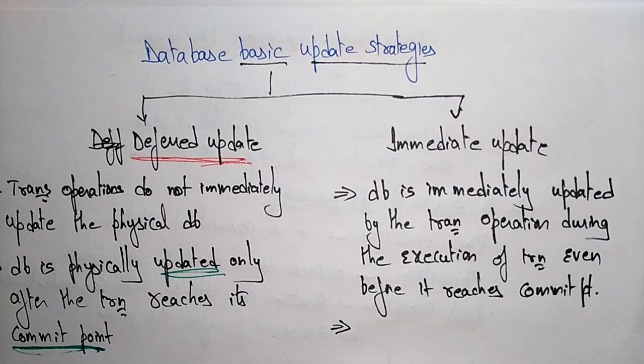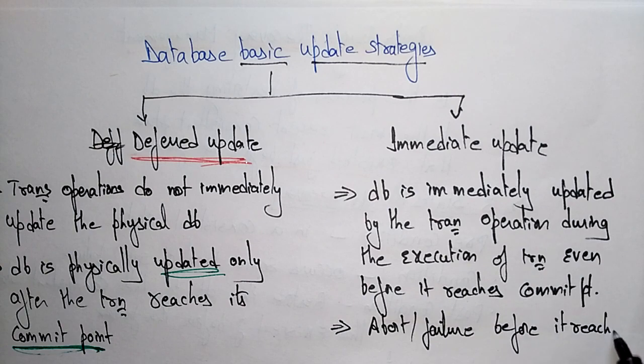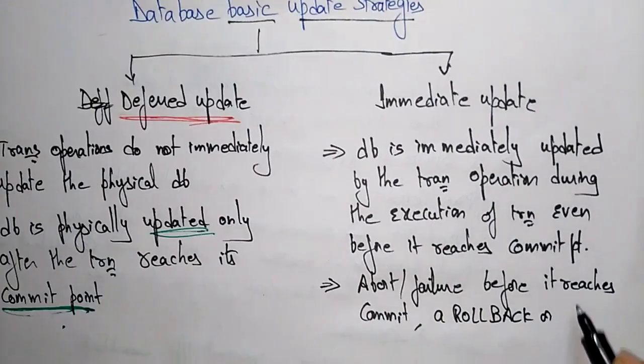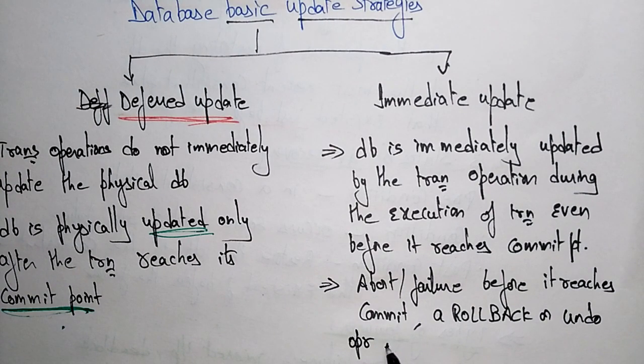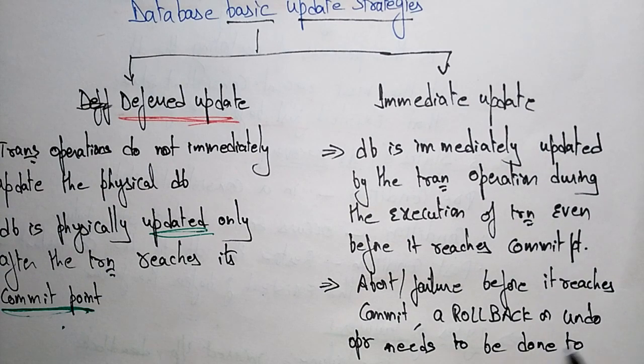In case a transaction is aborted or fails before it reaches the commit point, rollback or undo operations need to be done to restore the database to its consistent state.